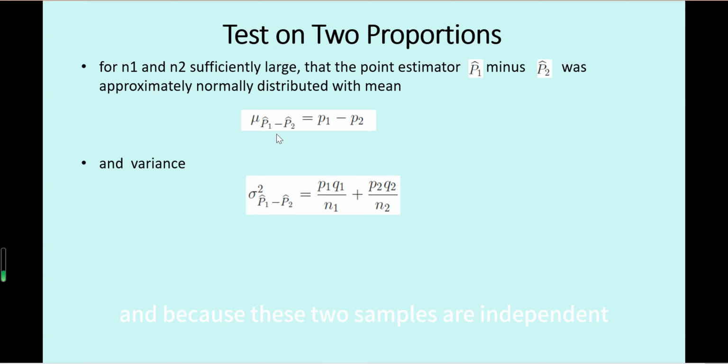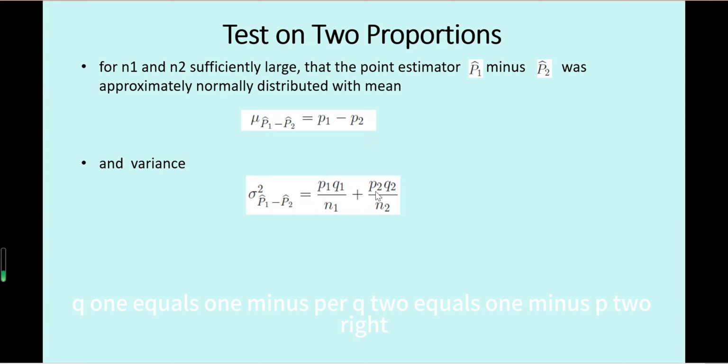And because these two samples are independent, the variance of P1 hat minus P2 hat equals P1 Q1 divided by N1 plus P2 Q2 divided by N2. So these in the numerator are population parameters. So Q1 equals 1 minus P1, Q2 equals 1 minus P2, right?